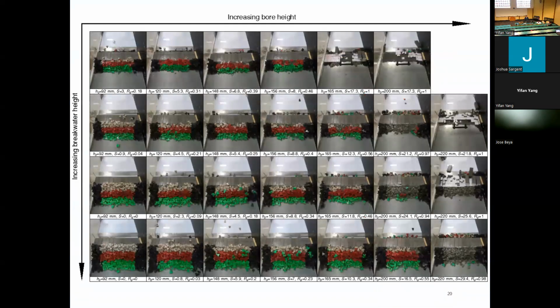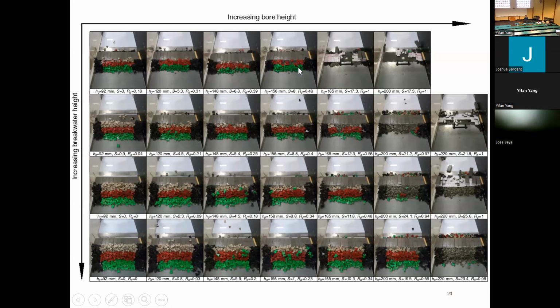So let's look at this. So from this, H naught is the maximum tsunami depth, and the damage parameters are S and RD. The current breakwater scenario is the top one.